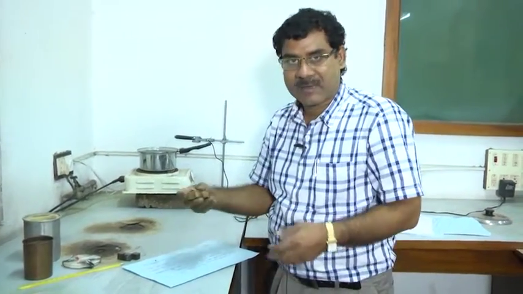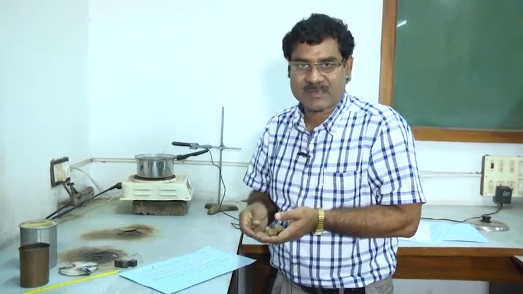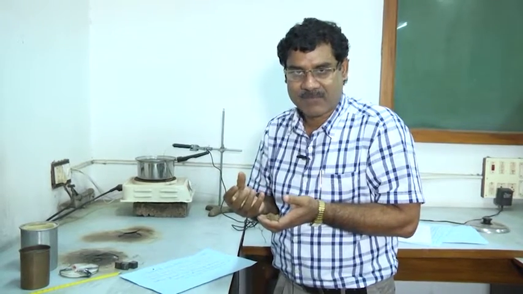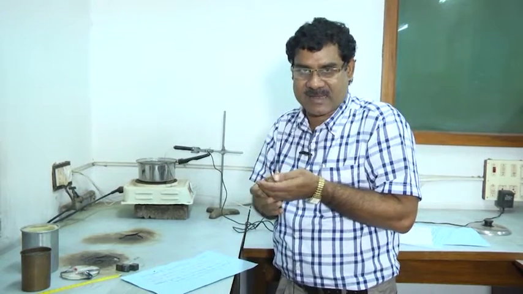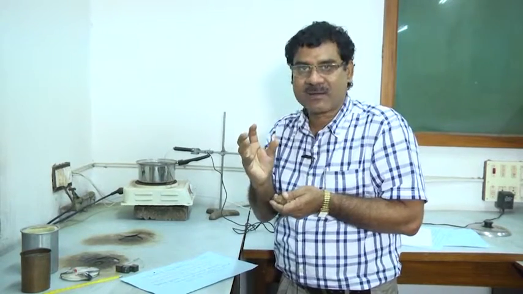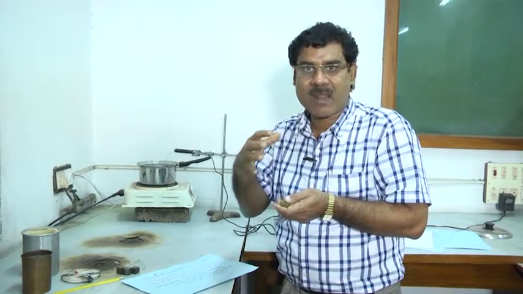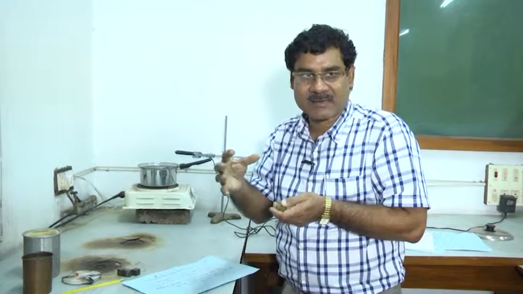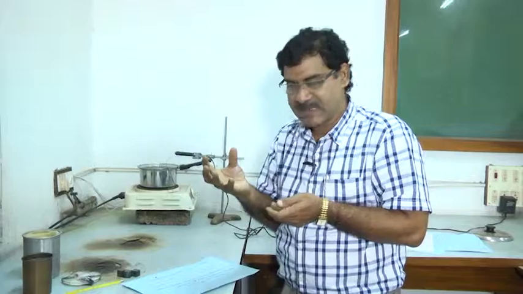Now you can ask me why we have taken 3 pieces, why not 1 piece? One piece means it will be a bigger one. Then to get uniform heat in this bigger one, heat has to go inside. So the temperature may not be uniform in a single piece.